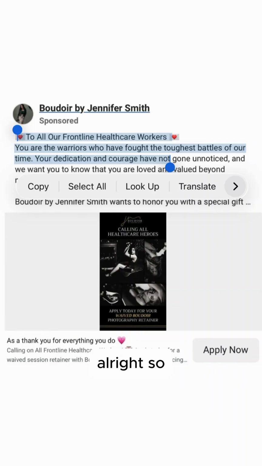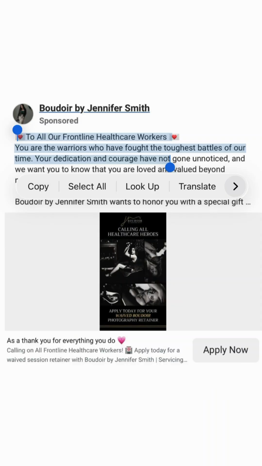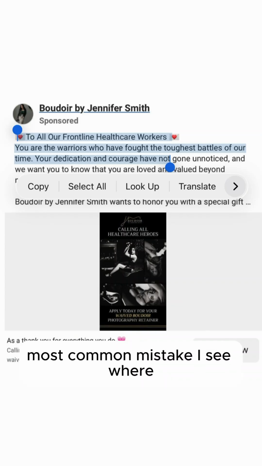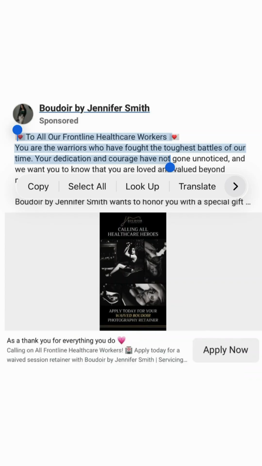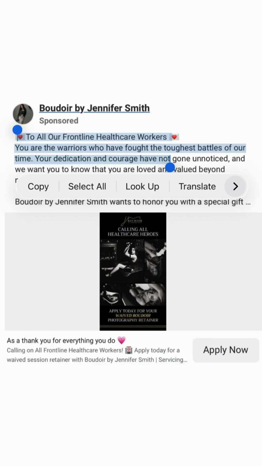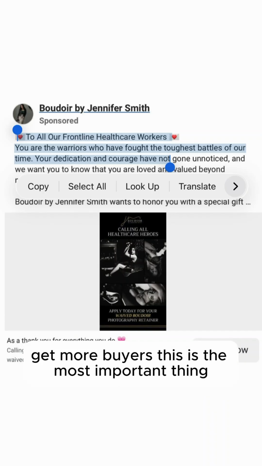All right, so yeah, we only got one point of context here. So yeah, this is the lack of context mistake, most common mistake I see, where we are believing that a small amount of context in our headline is the right way to bring more women in, get more buyers.